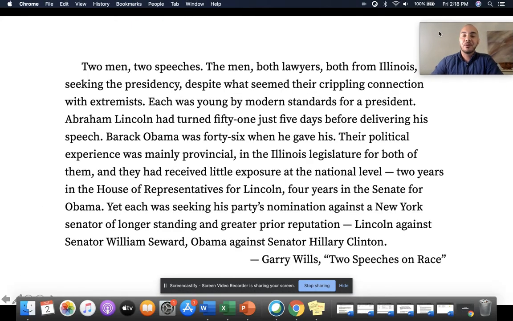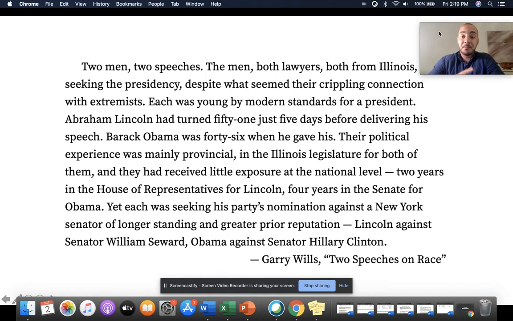This example also comes from your Rules for Writers textbook, and it compares a modern politician to a historical political figure. We're going to get a comparison between Abraham Lincoln and Barack Obama. "Two men, two speeches. The men, both lawyers, both from Illinois, seeking presidency, despite what seemed their crippling connection with extremists.